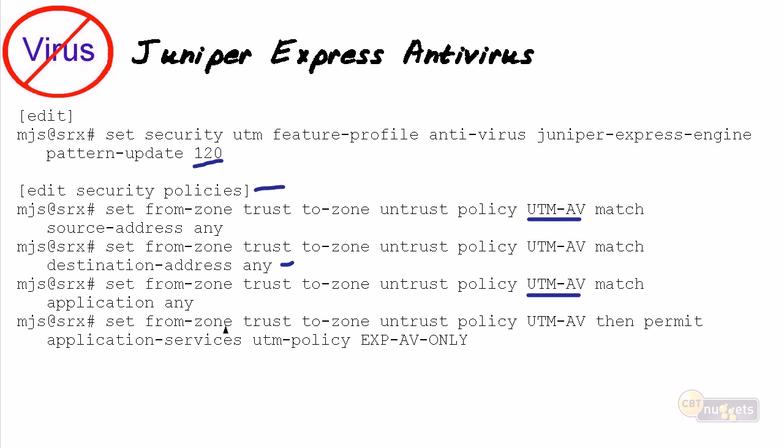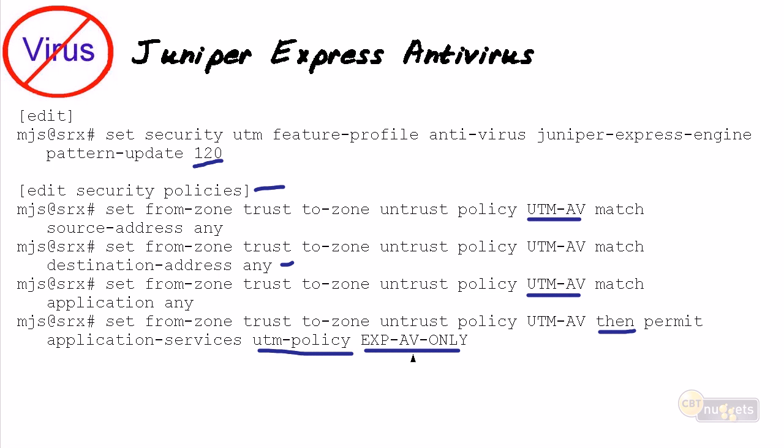Then, from the trust zone to the untrust zone, we will take our action. We will permit application services UTM policy, and here's what we're going to call our UTM policy, specifically EXP AV only. So basically, Express antivirus only.